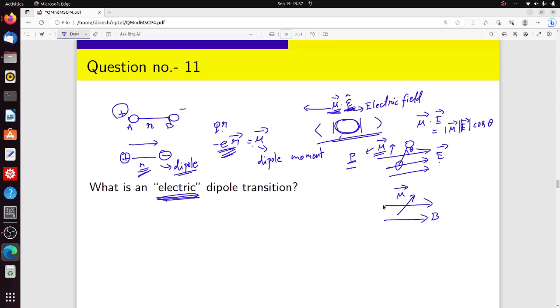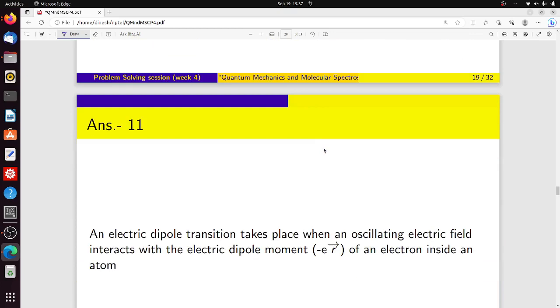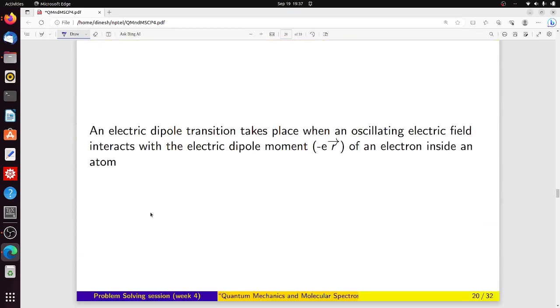Similarly, if you have a magnetic dipole mu and there is an external magnetic field, the interaction term will be mu times B. Right. So this dipole transition is this integral form. Here actually I have given the answer. Electric dipole transition takes place when an oscillating electric field interacts with the electric dipole moment, minus e r, of an electron inside an atom.